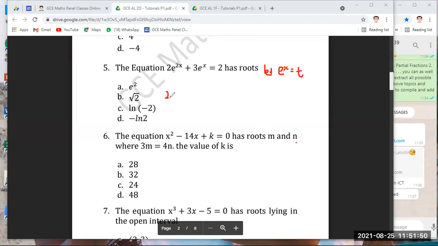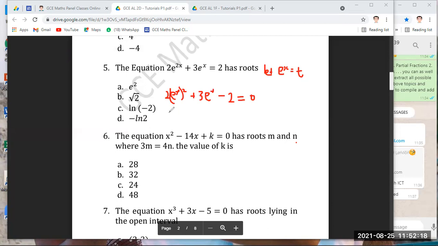So we'll have 2 times e to the power x, all of this squared, plus 3 e to the power x minus 2 equals 0.